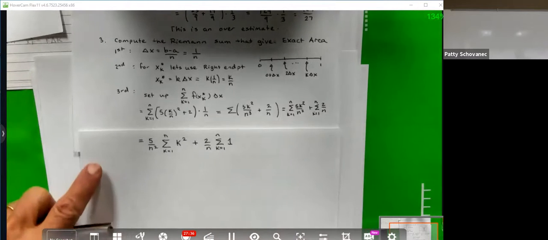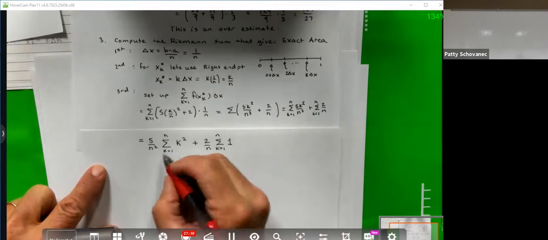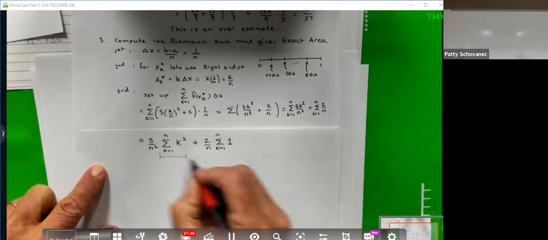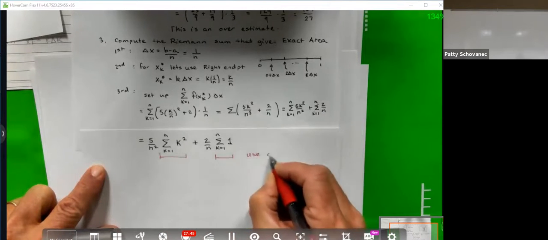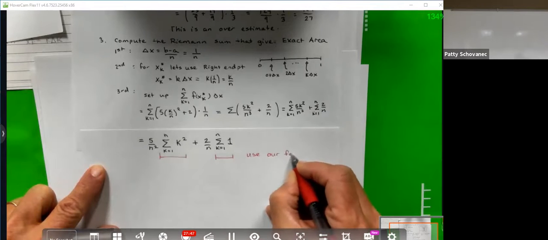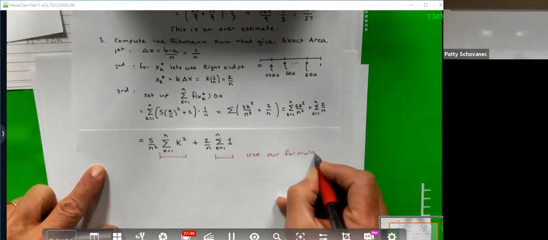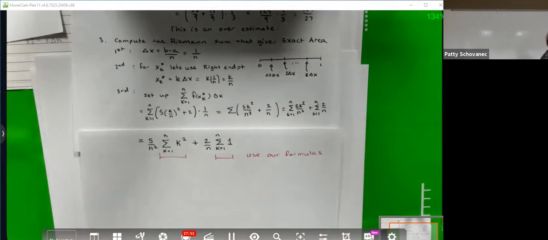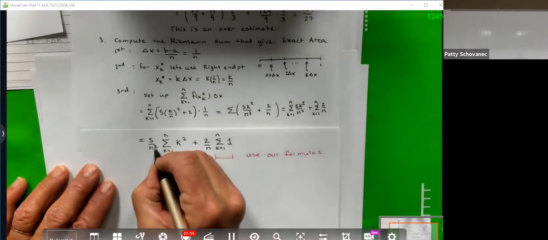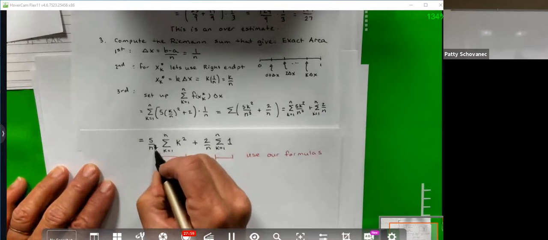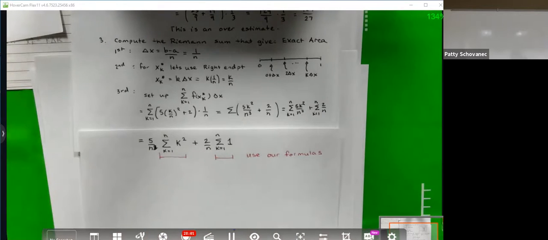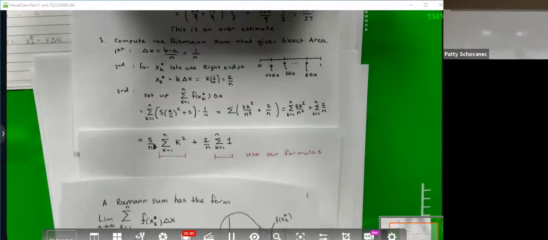We did that because this is where we use our summation formulas. N cubed. Thank you. N cubed right there.